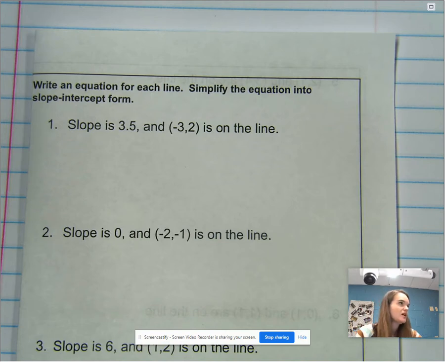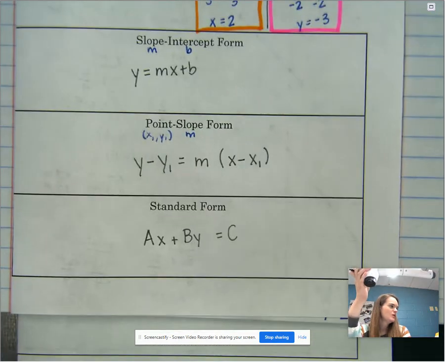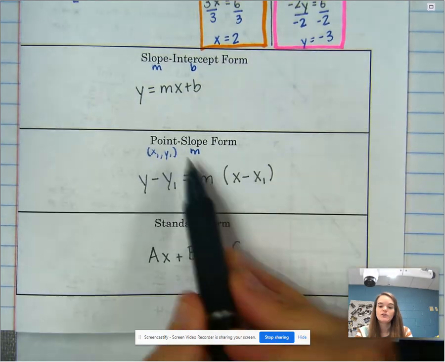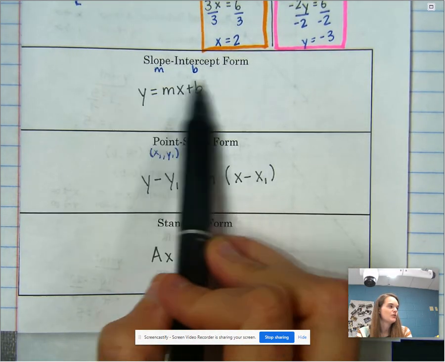All right, so today we are going to create the equations. Something we need to know: we had three types of equations yesterday that we talked about. We have slope-intercept form, point-slope form, and standard form. So we're going to start in point-slope form and simplify to slope-intercept form.